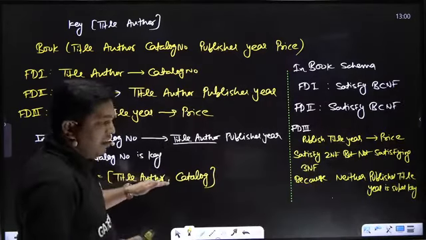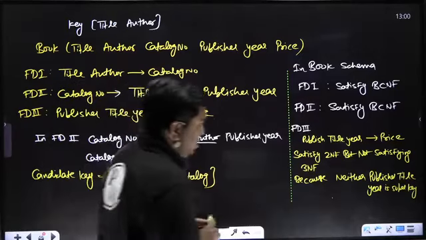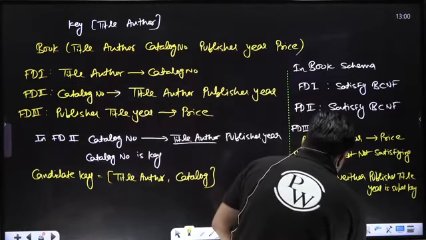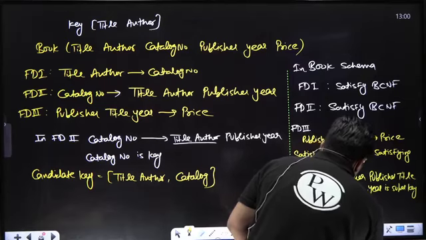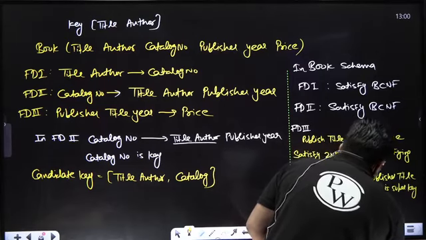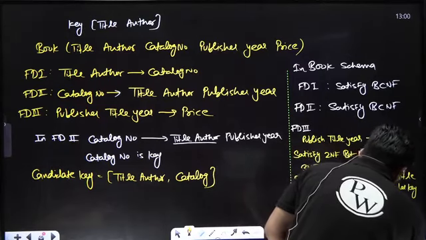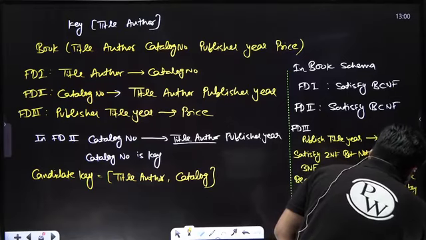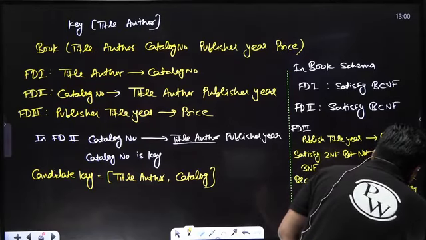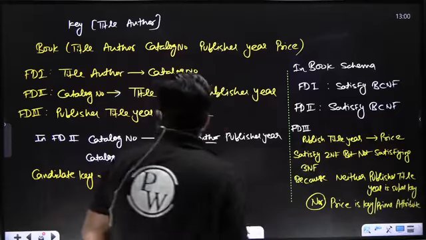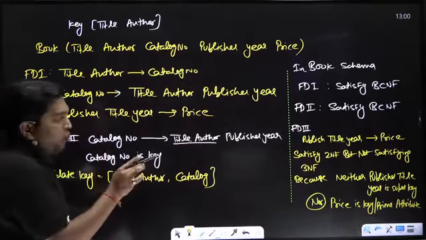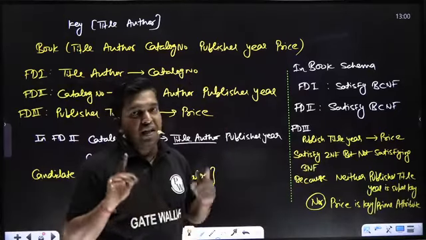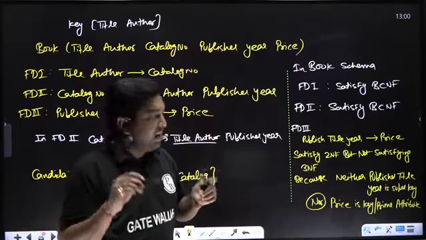Either title author or catalog number. Nor is price a key or prime attribute. Because this FD third violates the 3NF definition. FD third violates the 3NF definition.